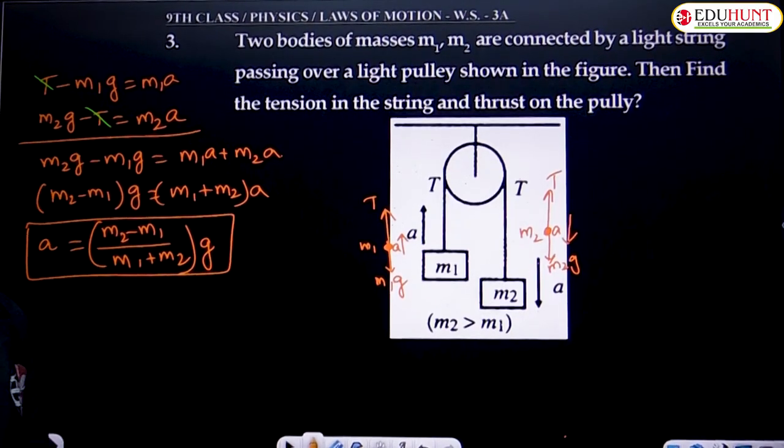So the acceleration of the system is M2 minus M1 upon M1 plus M2 into G. If you substitute the value of acceleration in either of the equations, the first or the second, we can get the value of T.